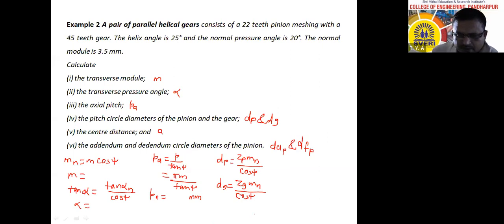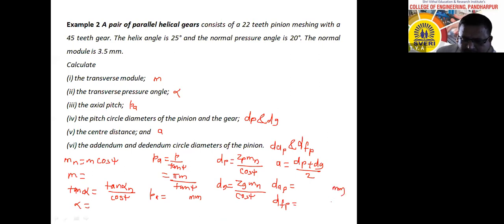Then A you calculate from dP plus dG divided by 2. You can use this formula also. Then you calculate dA and dFP. Okay, calculate. I will wait for 5 to 10 minutes.